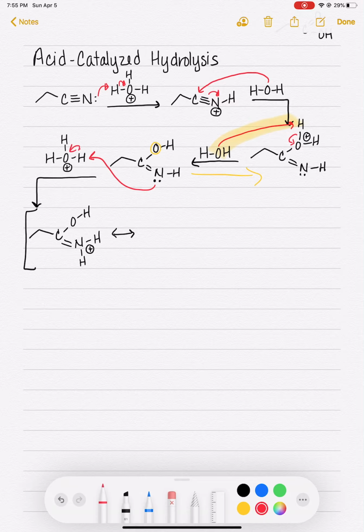In our resonance structure, we're going to take one of the lone pairs of electrons on the oxygen, move that down to make a carbon-oxygen double bond, and move out the carbon-nitrogen double bond. So now our positive charge is on the oxygen instead of on the nitrogen. And with the water molecule from up here, we can deprotonate.